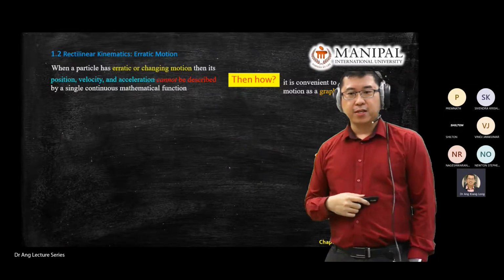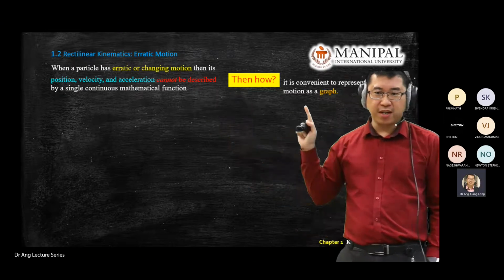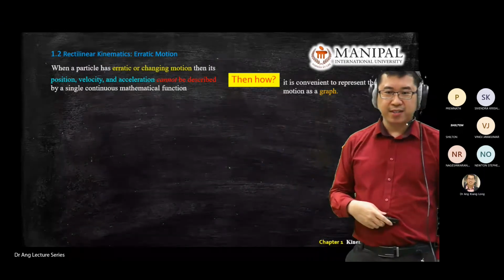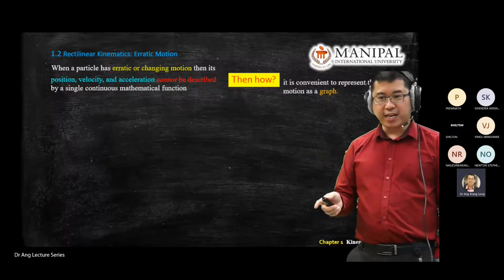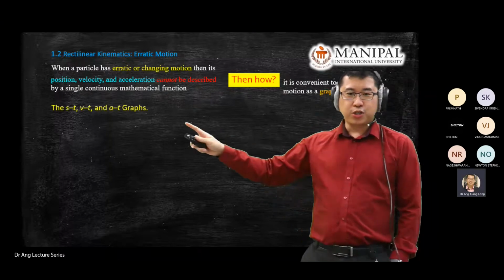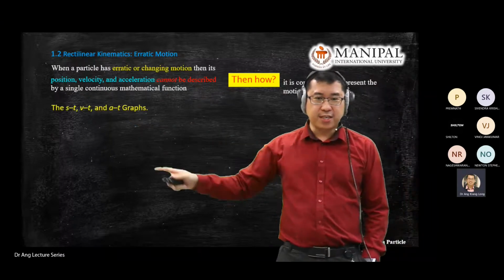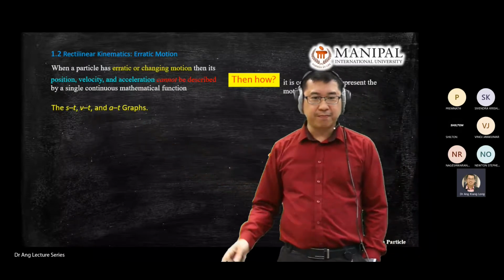Okay, so for today's lesson, we'll introduce you a new graph. Three types of graph we're going to introduce. If you understand, then we can call it a day. We're going to introduce you S versus T, which is displacement versus time, the first type.